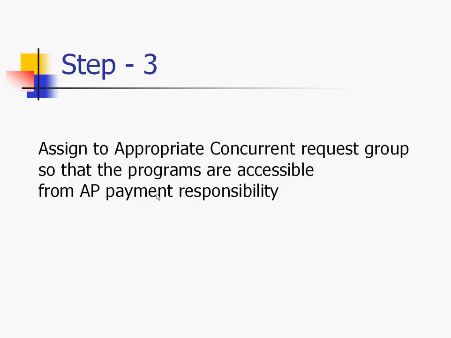Now we have the procedure and the concurrent program ready. The next step is to assign the concurrent request to the appropriate concurrent request group, so that it can be accessed from the API payment responsibility.